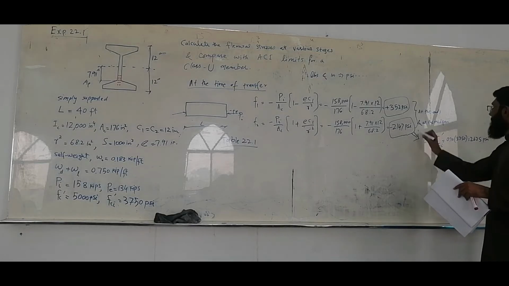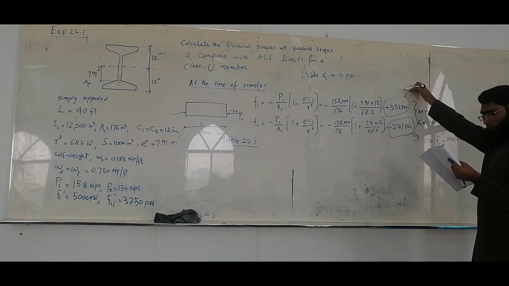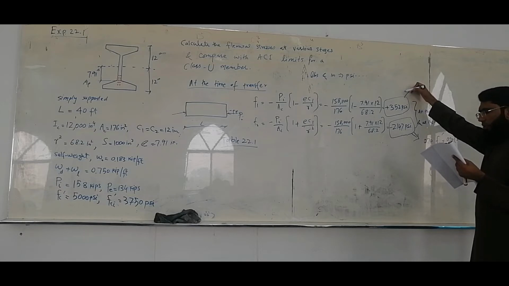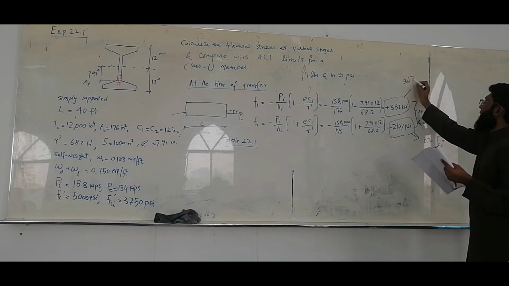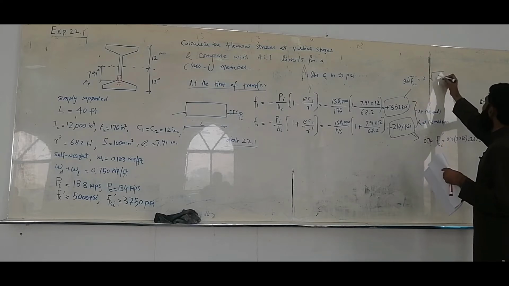And this limit is, if you go to part B, it says extreme fiber stress in tension immediately after transfer at the ends of simply supported members. So it is 3 times under root of f'ci, sorry, 3 times under root of 3750.